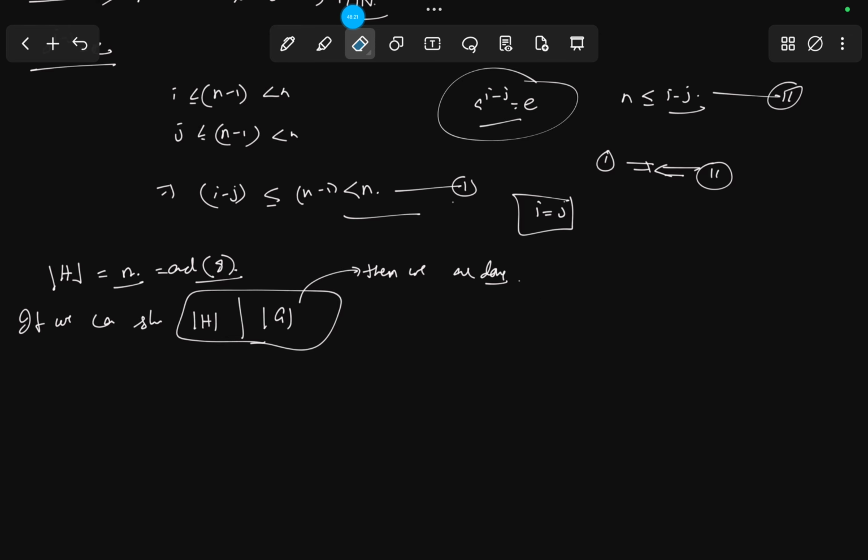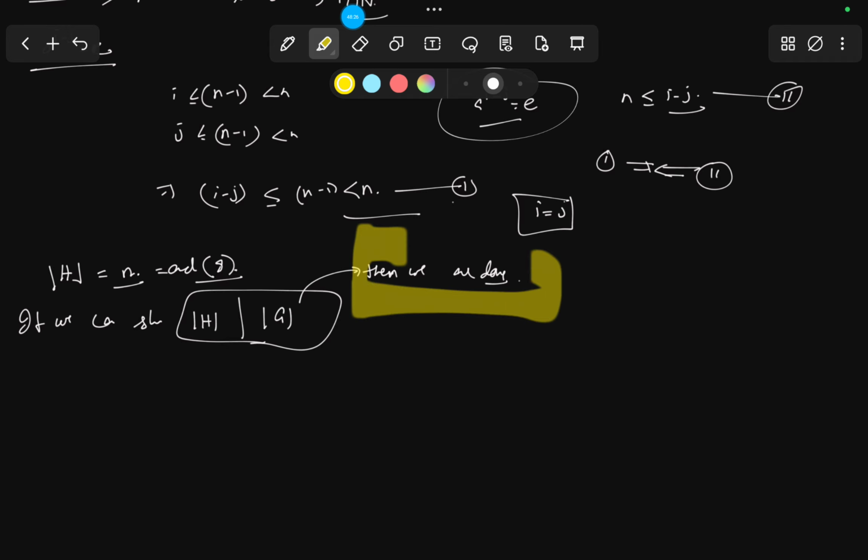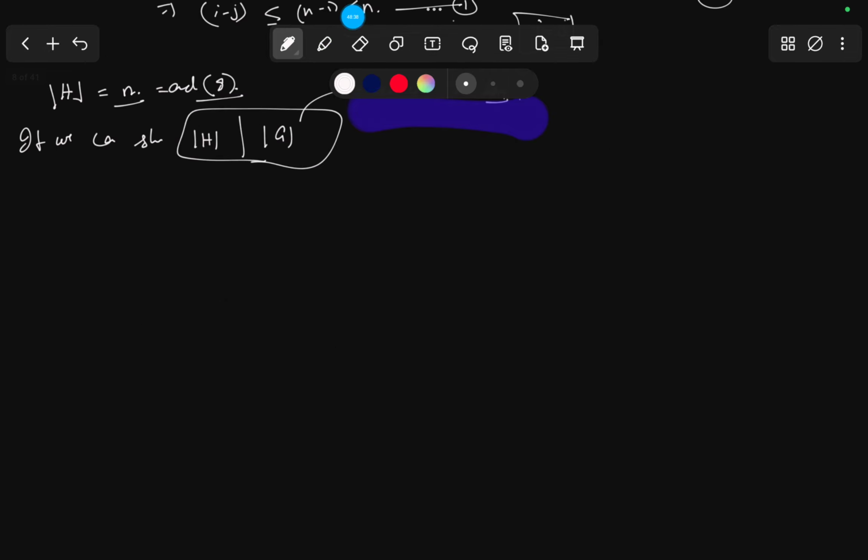Okay, so when is it possible that the cardinality of any subset, let's say H, of G divides the cardinality of G? This is our main question that we will be triggered by. So the question is: when, let's say H is a subset of G, will the cardinality of H divide the cardinality of G?